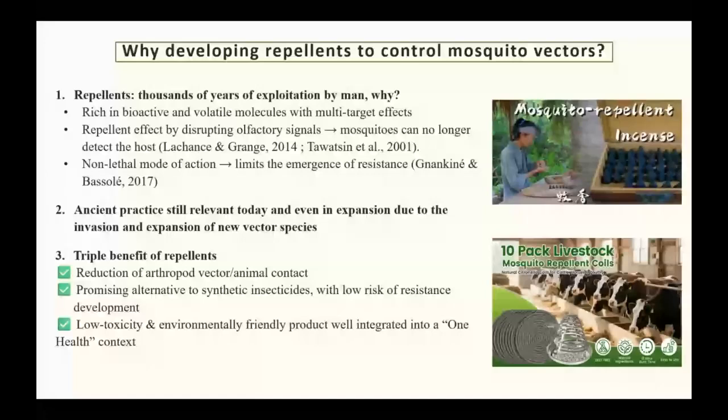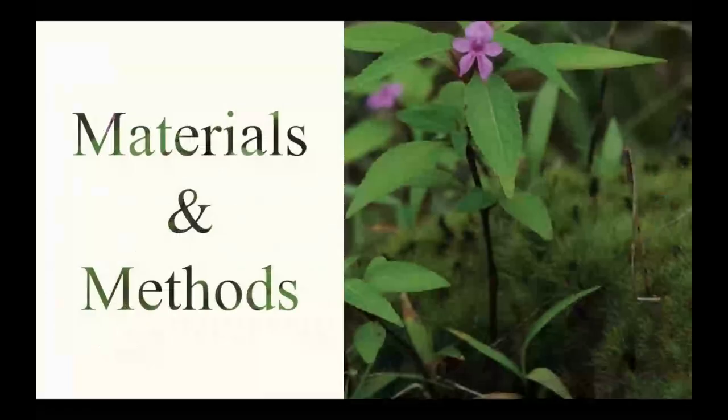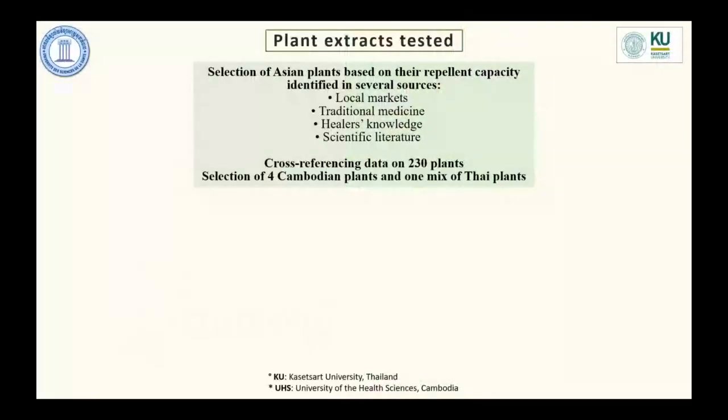Insecticide with a low risk of resistance development, contrary to chemical products, and it has low toxicity and is environmentally friendly. Concerning the material and methods, the plant extracts that we tested were coming from Asia, and they have been chosen from several sources: local markets, healers' knowledge, and obviously scientific literature.